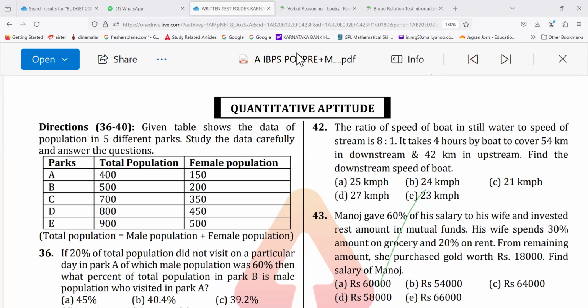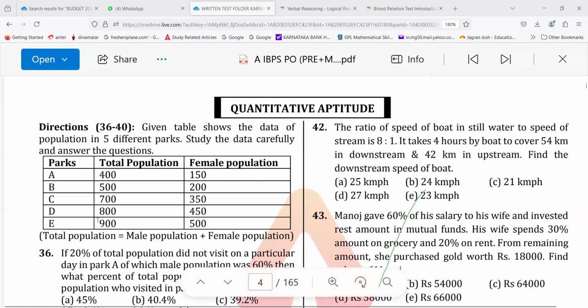So you must have tables up to 20, squares up to 50, cubes up to 25, and all the formulas of rectangle, square, sphere, simple interest, compound interest. You must be thorough with everything. Once you are thorough with them, it will be easy. Based on that, you will be working out these problems.